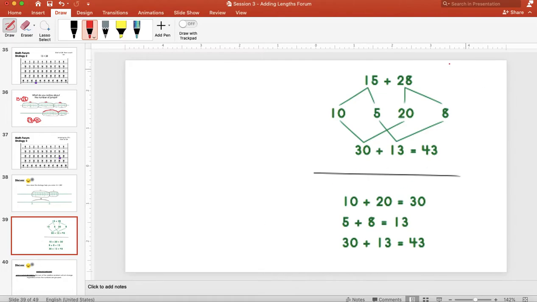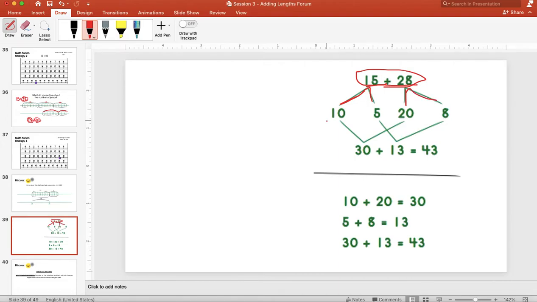Right here, we started with our equation 15 plus 28. Then I took 15 and I broke it down into 10 plus 5, and I took 28 and I broke that down into 20 plus 8. So I took my equation and broke it down into 10 plus 5 and 20 plus 8.